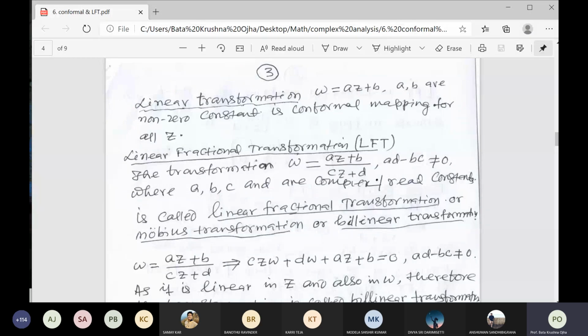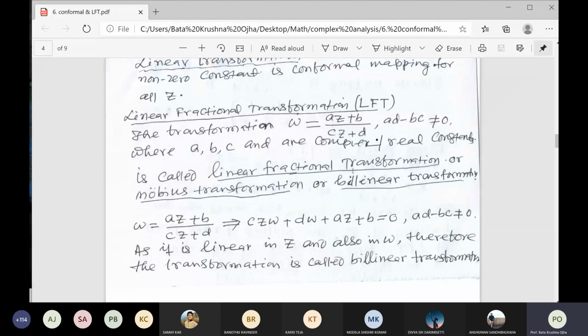That means the determinant is not equal to 0. So this is called linear fractional transformation, or Mobius transformation, named after the mathematician Mobius, or a bilinear transformation. Why is it called bilinear? Because it has two linear functions.